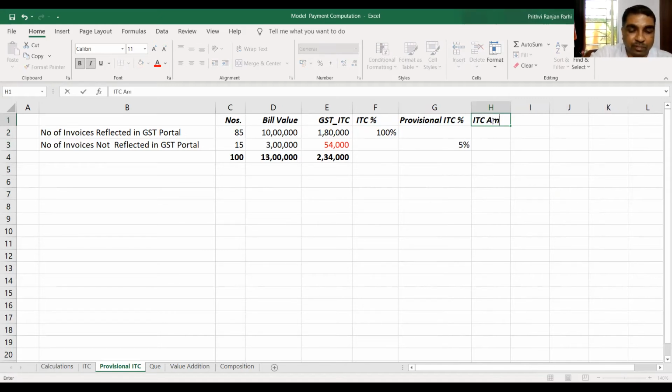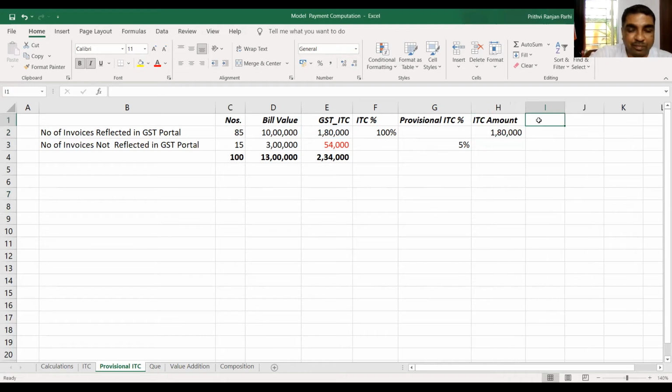ITC amount. Similarly, ITC amount is how much? 100% means how much? This into 100%. Same thing. Is it done? And what is the provisional ITC amount? Who can tell me? 1,80,000, it is 5%.